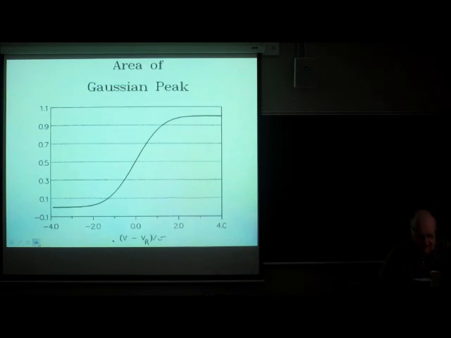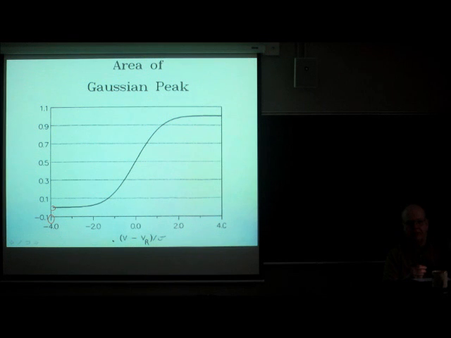Now we can plot that function. So if we start way over here, which is 4 sigma units before the peak maximum, the area is 0. I mean, it's like 0.00001 or something like that. In order to truly get to 0, theoretically, I have to go to an infinite distance before the peak starts.